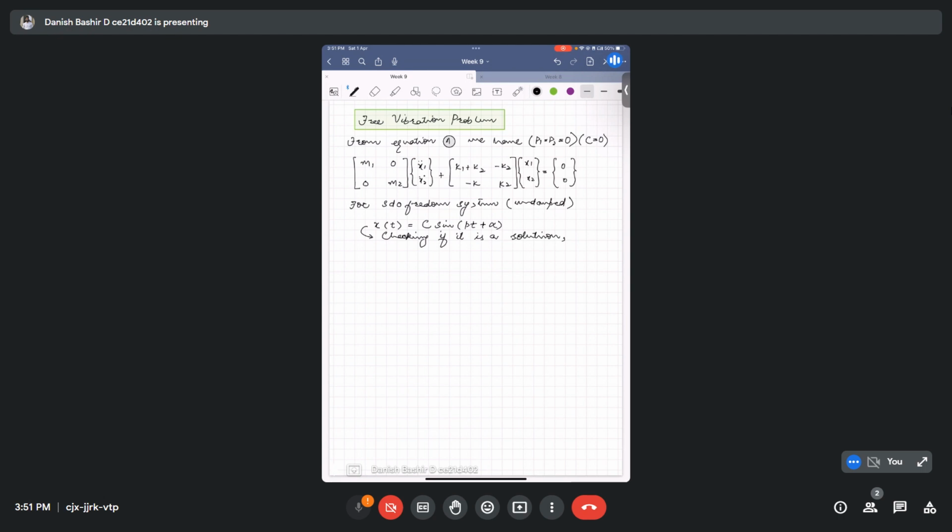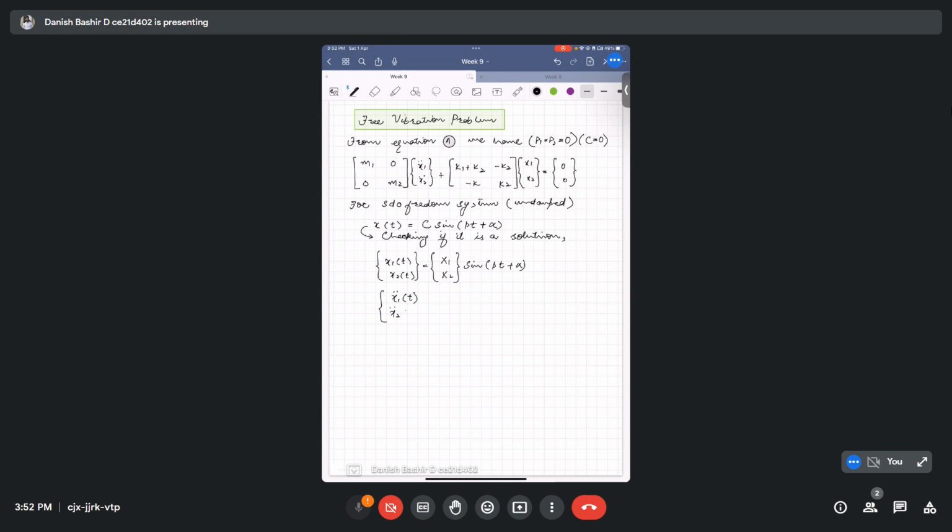For that, we will have to write the independent displacements x1 of t, x2 of t as amplitudes x1, x2 times sine of pt plus alpha. So acceleration correspondingly will be x1 double dot, x2 double dot of t.